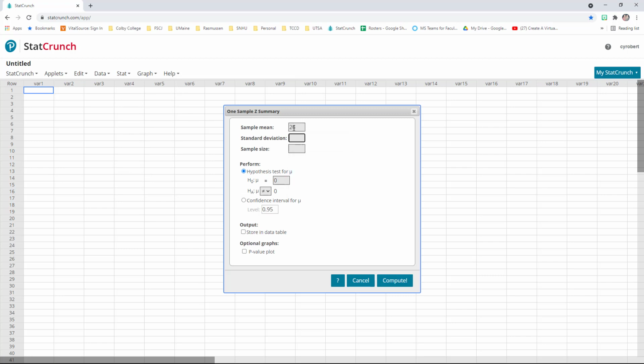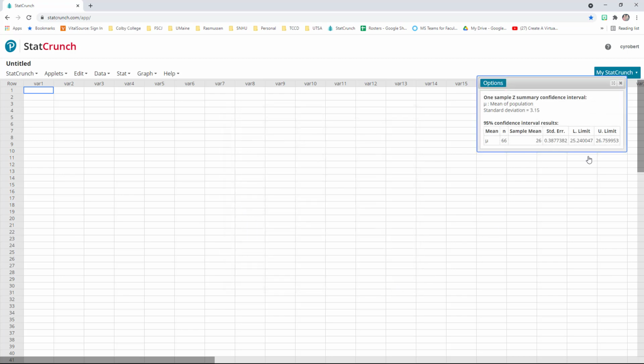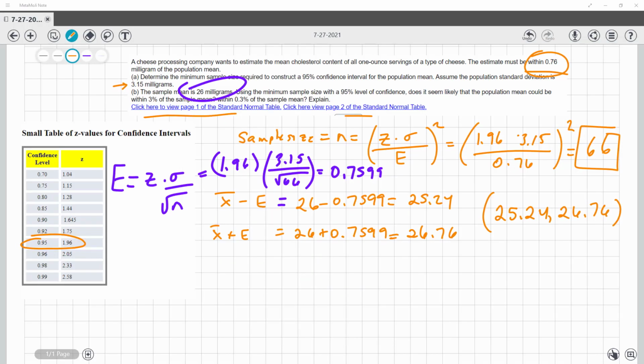Put in my values, 26, my standard deviation, 3.15, my sample size that we found, 66, and do a 95% confidence interval, and you would see the 25.24 and the 26.76. So you'd get the same answer. It's just a nice quick way if you don't want to do this manually.